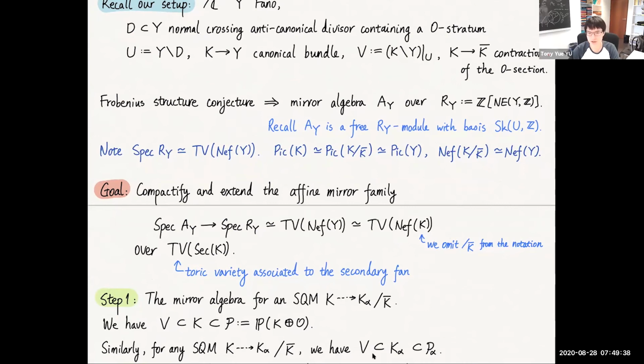This part doesn't get modified, and it has some compactification P alpha.